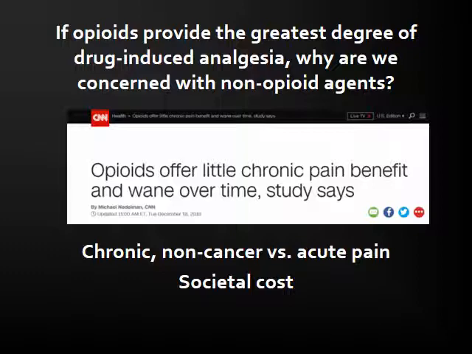One example is a high-impact meta-analysis paper in late 2018 in which opioids were shown to produce only small benefits to pain and physical functioning in patients who had chronic non-cancer related pain.